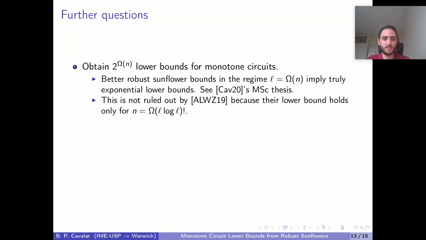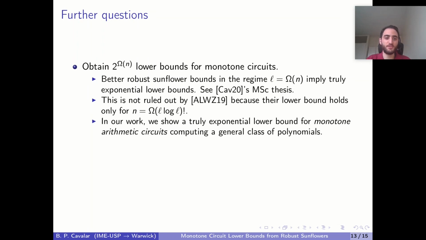We didn't discuss that in the paper, but a few months later, I wrote this in more detail in my master's thesis, and this is not ruled out by the Alweiss, Lovett, Wu, and Zhang lower bound, because the lower bound only holds when n is omega of L log L. So perhaps very good robust sunflower bounds are indeed possible when L is very large.